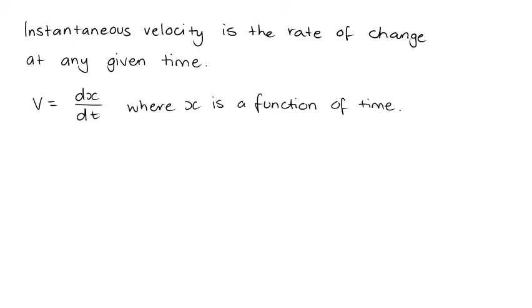If we want to know the gradient at a certain point, take the derivative of it. Okay. So instantaneous velocity just means the instantaneous gradient at a point. Okay, last one is acceleration.